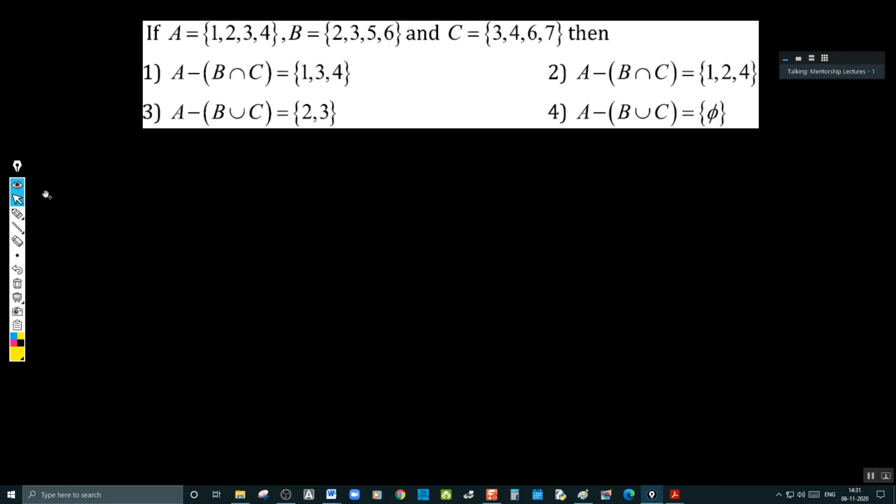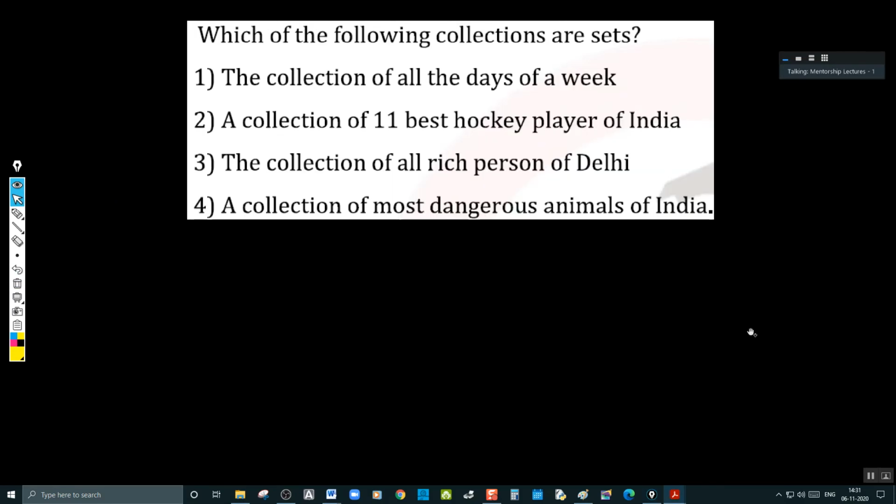Let's move to the next part. Which of the following are collections or sets? Just go through it, you can understand. It is a simple, straight question, please.